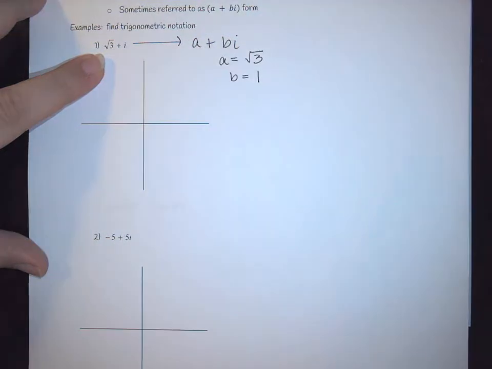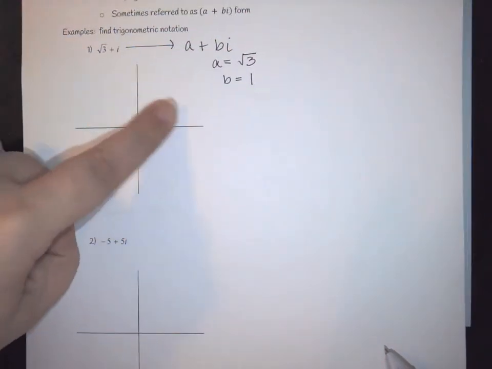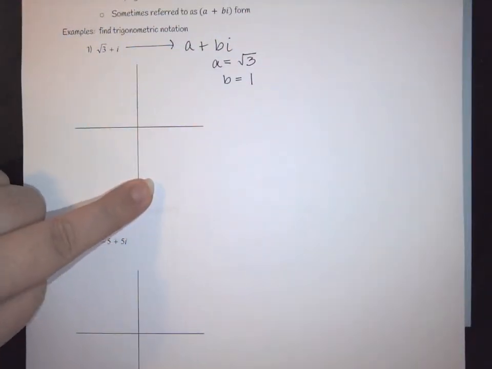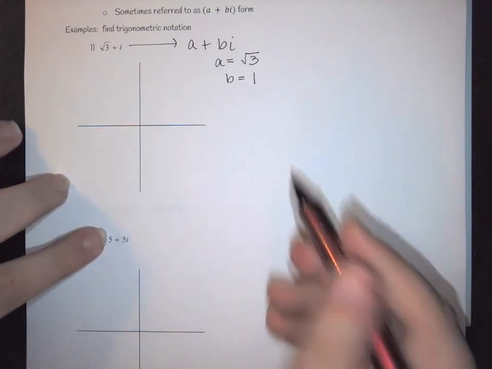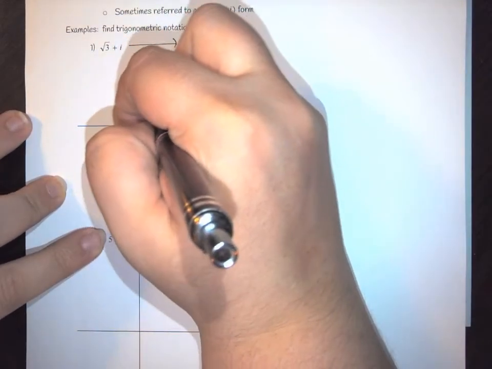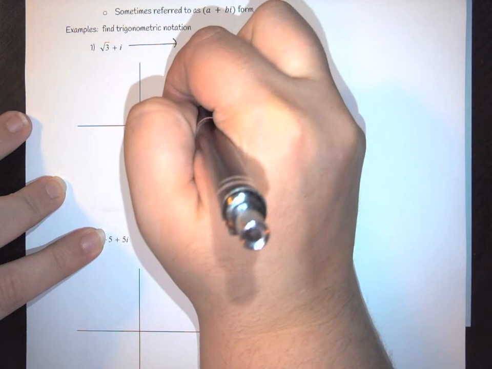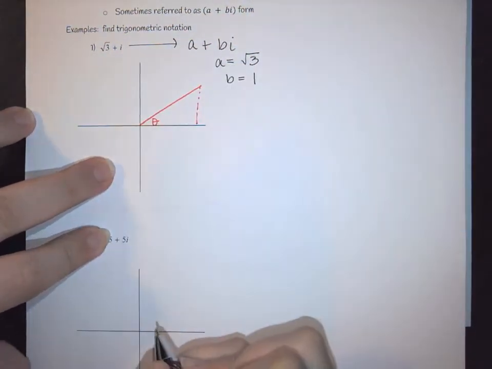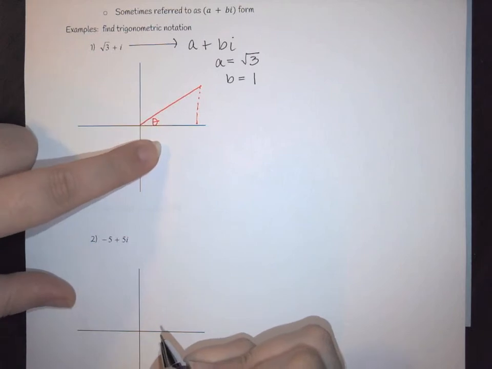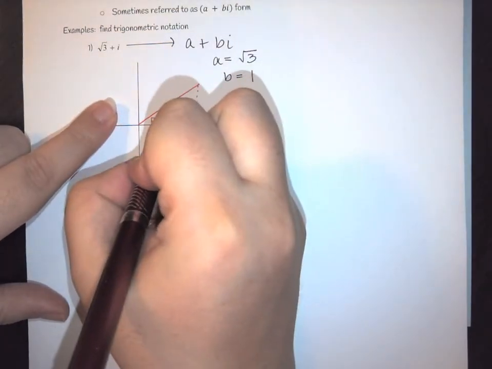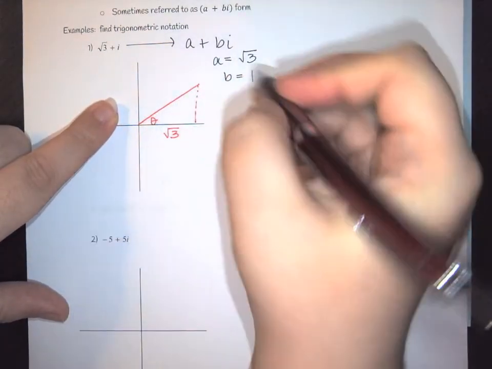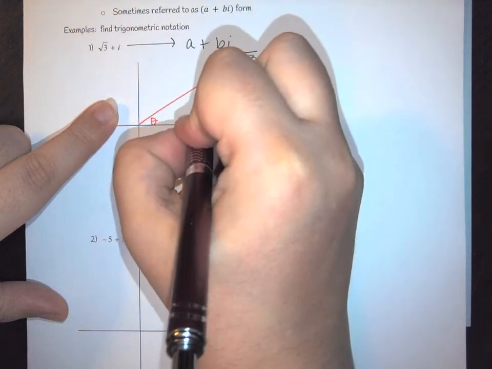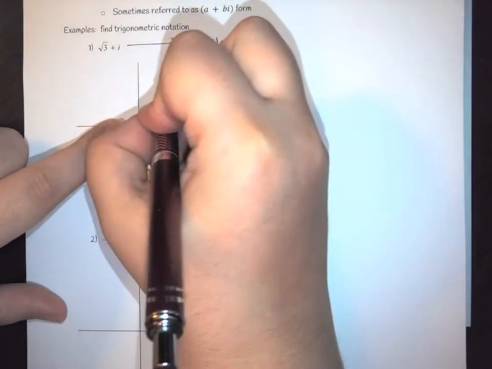So if we use my little coordinate plane here, we can simply draw our triangle. We are going to go right about like this, and we can draw it down, where we know that my angle is here. We know that my x distance is going to be the square root of 3. We know my y distance here is going to be 1, which means we have my z.